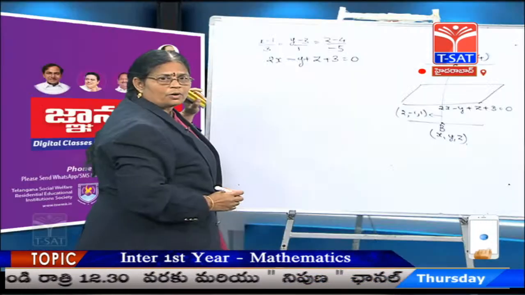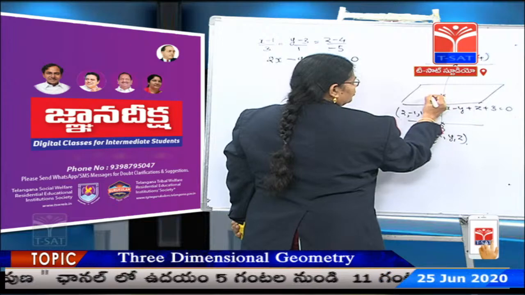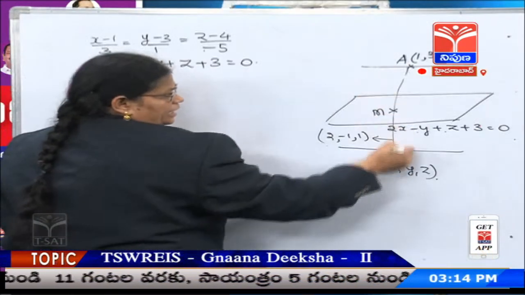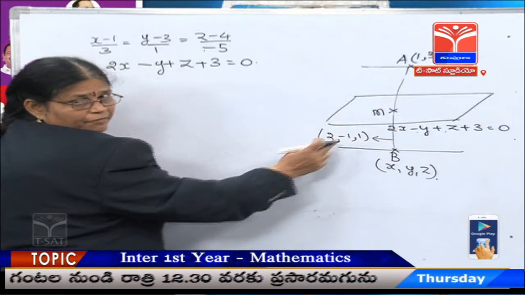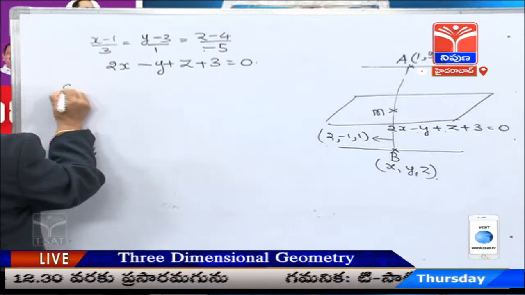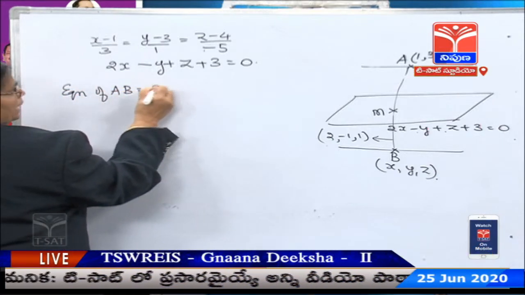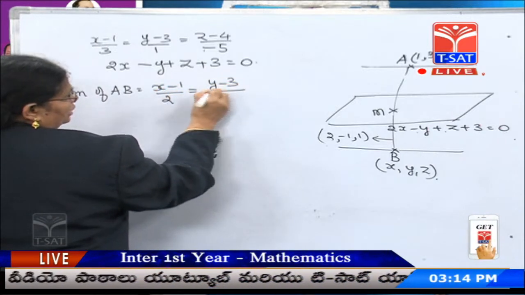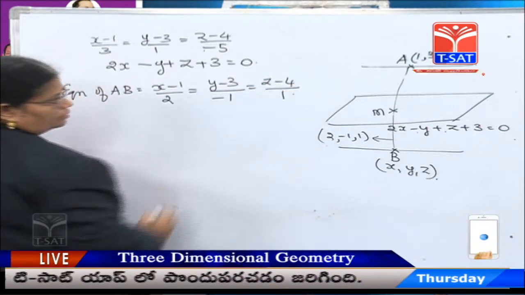So, how we proceed with this problem? First we take any point M on the plane. Now let us first write the equation of AB with the proportional drs we have here. So the equation of the line AB will be (x - 1)/2 = (y - 3)/(-1) = (z - 4)/1.